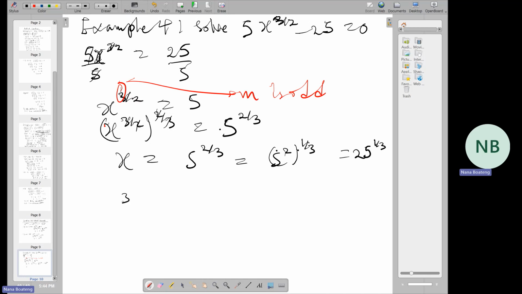So this is the same thing as the cube root of 25. So x is equal to the cube root of 25. All right, so let's test whether this x value is actually a solution or not. So when x is equal to this, we have 5 times 5 power 2/3.